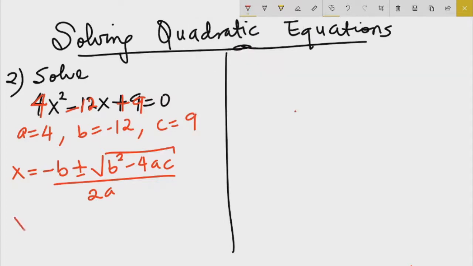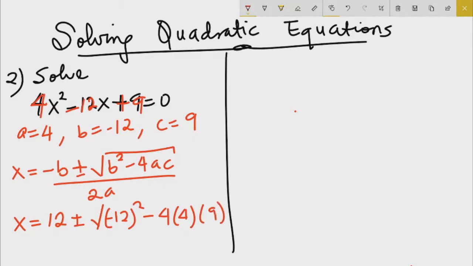So x will be, our b is negative 12. The negative of negative 12 is going to be positive 12, because negative multiplied by negative will give you a positive. Then negative 12 squared, minus 4, a is 4, and our c is 9, divided by 2a. 2a is 2 multiplied by 4.